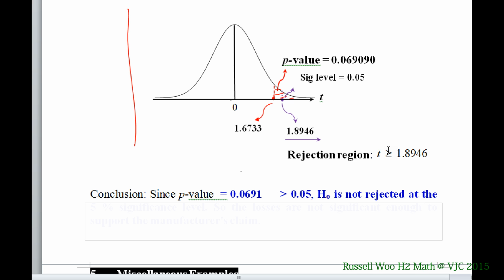Therefore, we say H0 rejected because there's only a 5% chance of error. But when it is not rejected, when it's greater than 0.05, we will never say it's accepted. Because you only know when you reject, you can say with a 5% error. But when you accept, you don't know what the error is, so we never say it is accepted. Follow? So we always say not rejected.